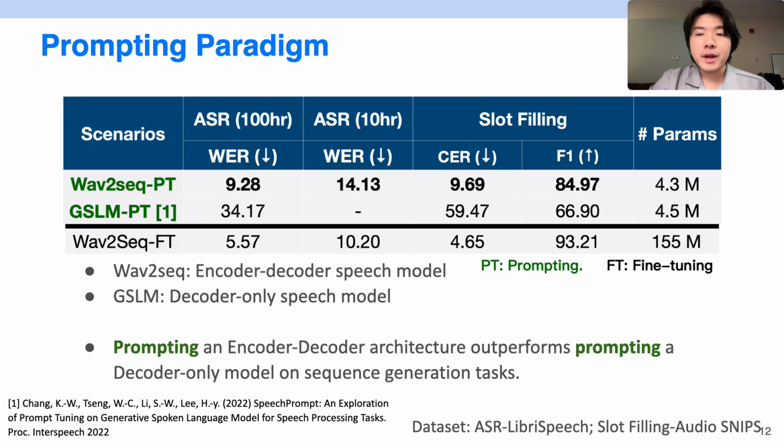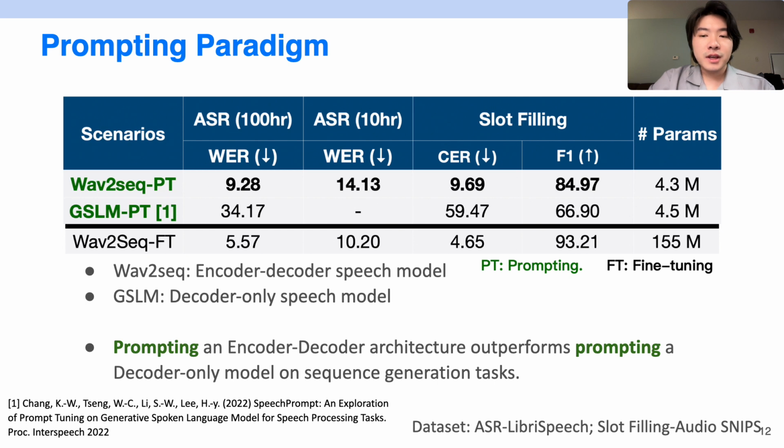We further compare our method to the previous work, SpeechPrompt, which conducts prompting on a decoder-only model called GSLM. And in that previous work, prompting GSLM achieved poor performance on sequence generation tasks like ASR and slot filling. A surprising result is that prompting Wave2Seq, this kind of encoder-decoder model, can achieve competitive performance on the sequence generation task.